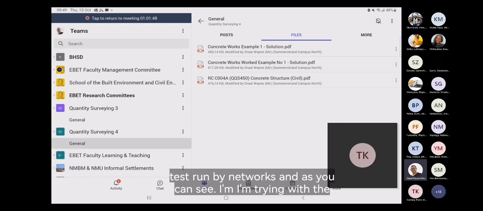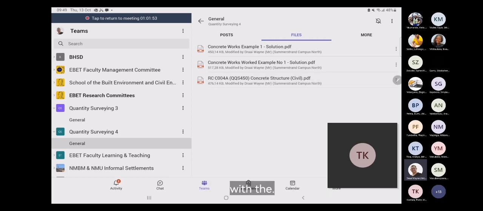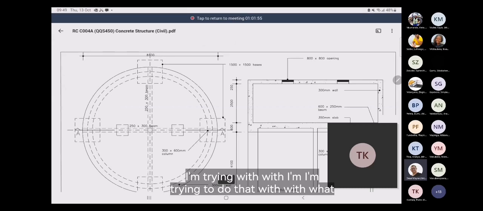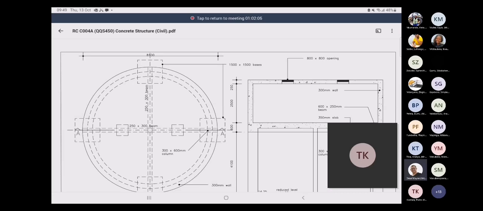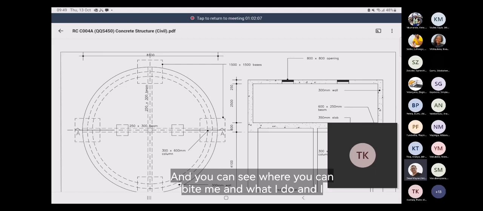And as you can see, I'm trying to do that with the tools that I have. I love the tools, by the way. I really enjoy this. You can see where you can write. The students can hear me say I do not put the answers, the dimensions, on here.